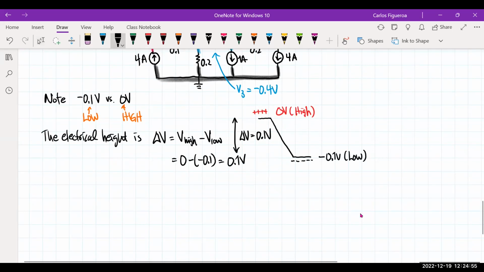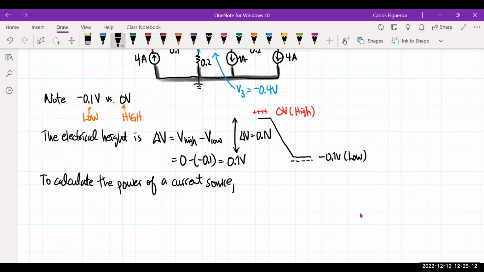So to calculate the power of a current source, we use that the power is going to be the voltage times the current, which is V high minus V low times the current.